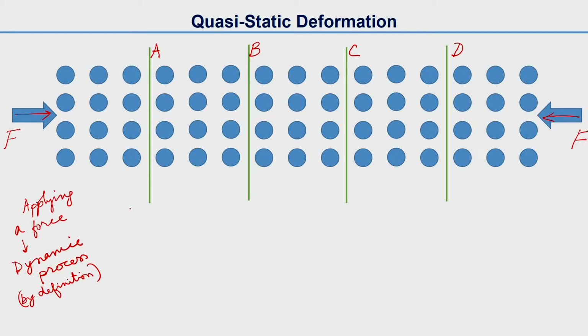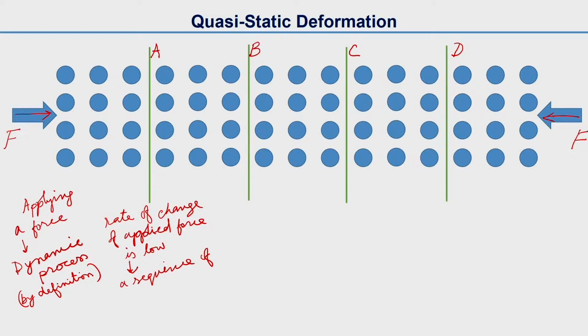But if the rate of change of applied force is low, then we can consider the process as a sequence of steps in which the body is in static equilibrium.